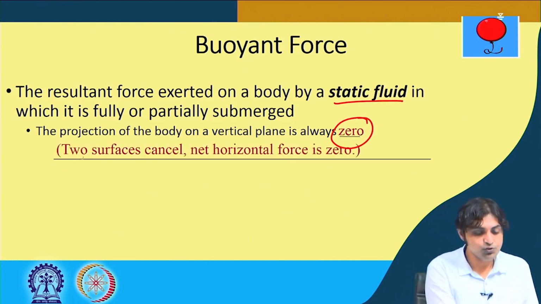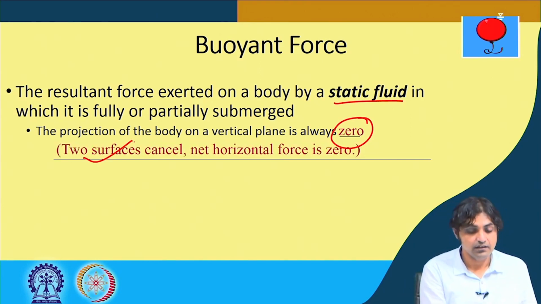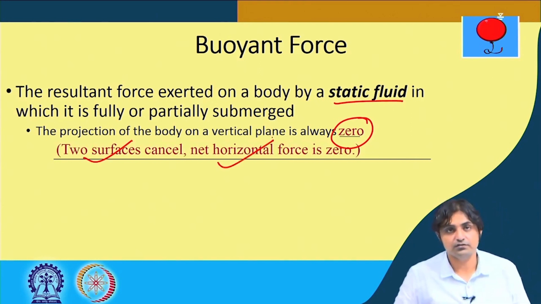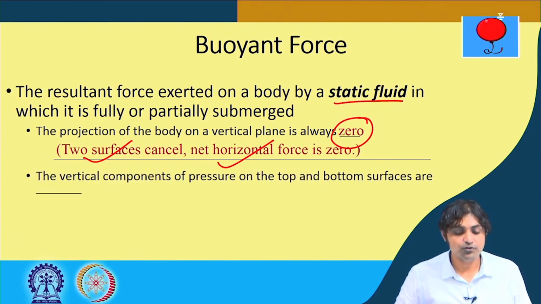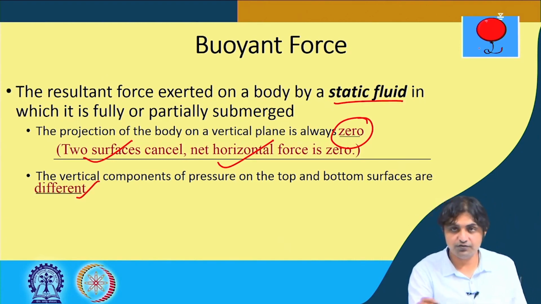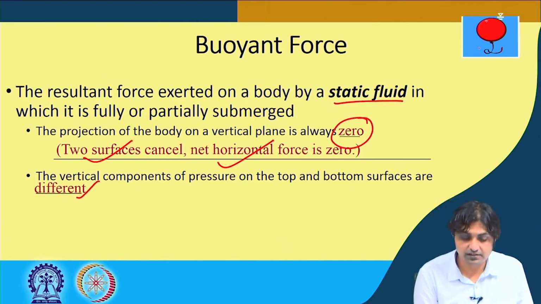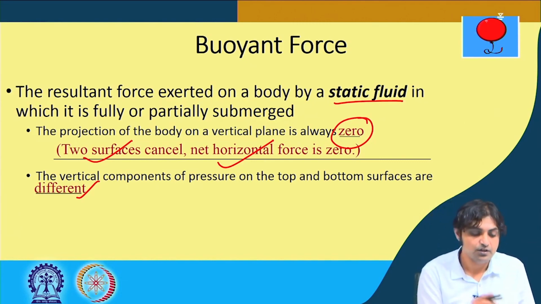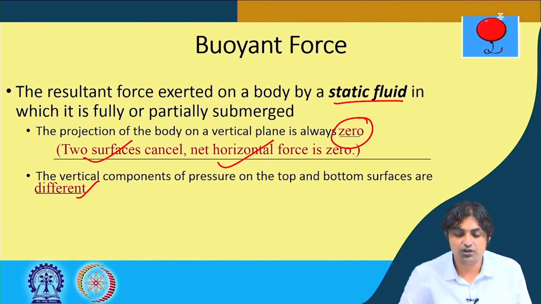This means the two surfaces cancel, the net horizontal force is 0. That is very important. The vertical components of pressure on the top and bottom surfaces are different, however. In the horizontal plane the forces cancel, therefore there is no horizontal force, but the vertical components of pressure on the top and bottom surfaces are different, because at the top the pressure will be different and at the bottom the pressure will be different, right?